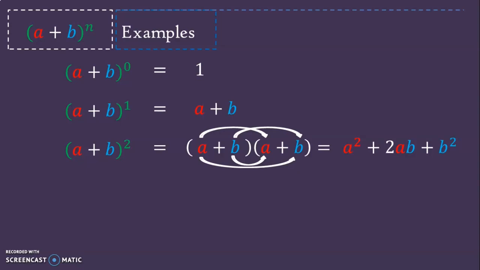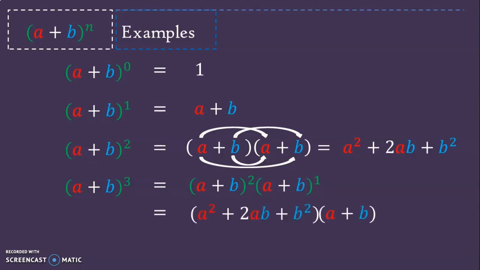Next, we will look at the binomial a plus b and take the power of 3. What will the answer be? Yes, you can use the same method to multiply it and then get the answer a cubed plus 3a squared b plus 3ab squared plus b cubed.